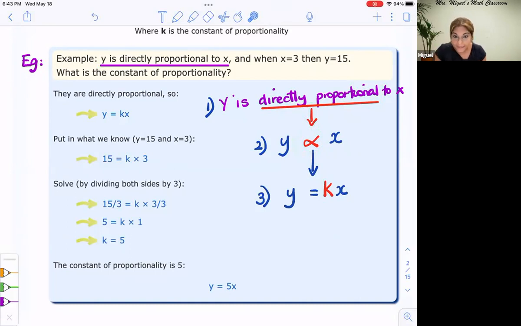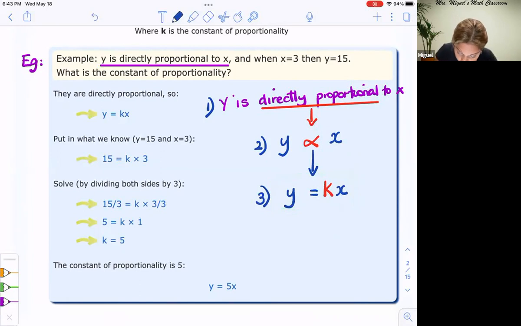So my next step is to change this symbol into the equal sign and introduce K. So now, here's what I have. I have an equation.